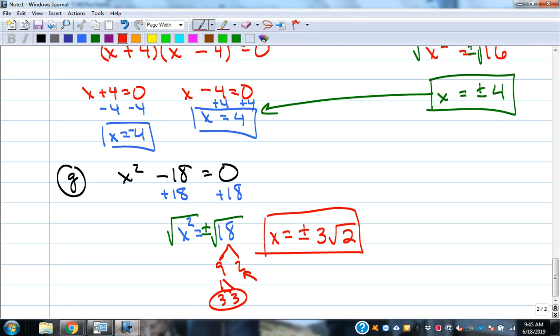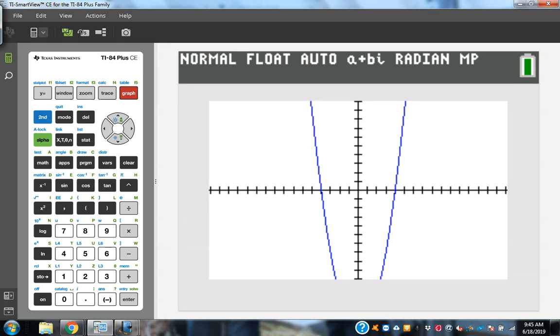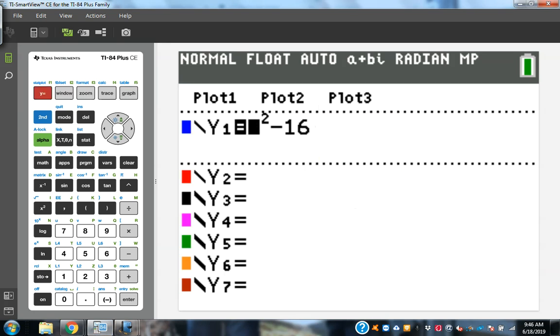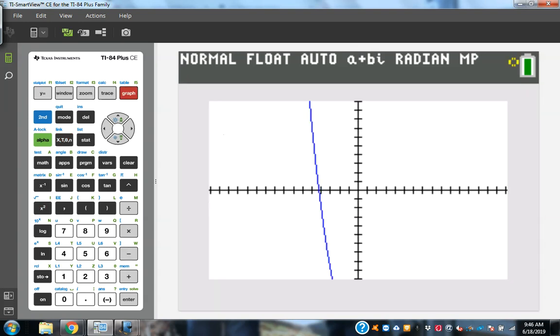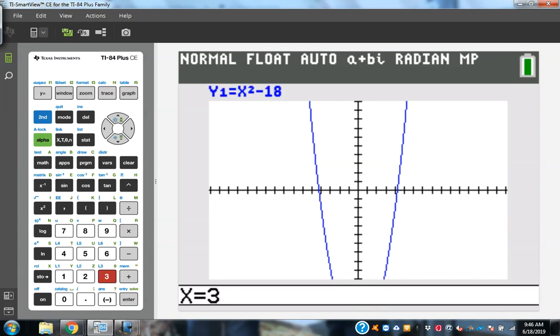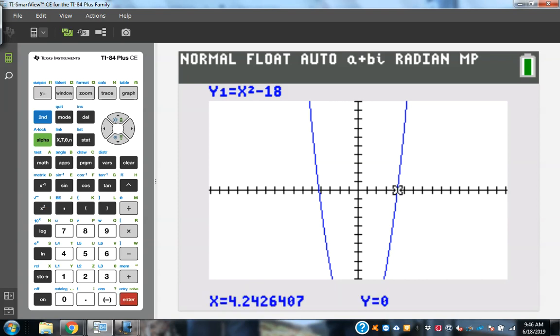Even on these, you can check with graphing. So if I went to my calculator and I graphed when it was equal to 0, x squared minus 18. I see it crossing the x-axis. If I hit trace 3 square root of 2, hey, right there it is.